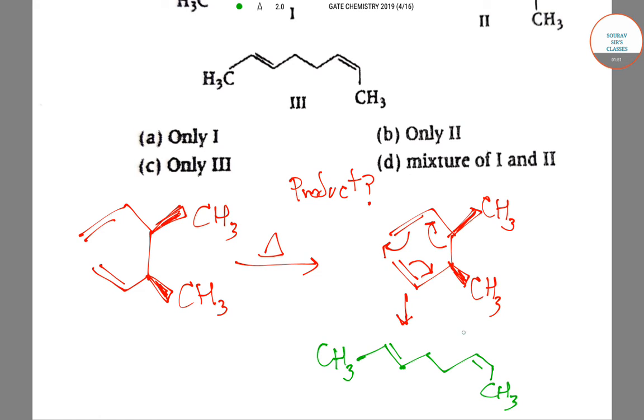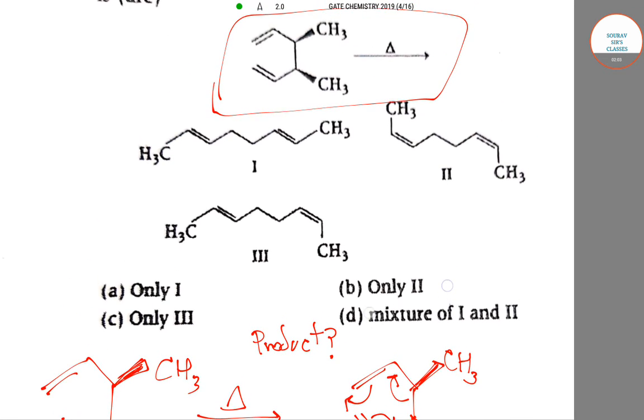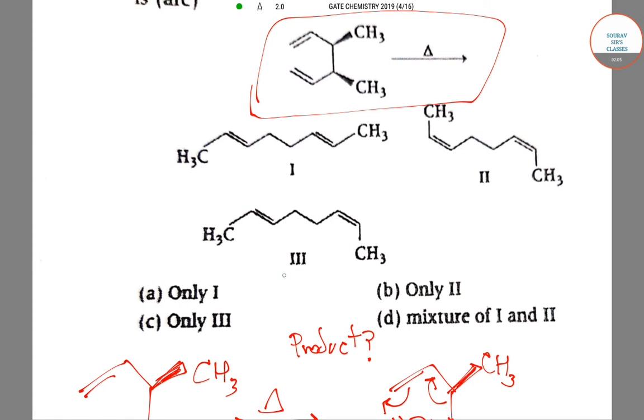So this is a trans cis product. So according to the question, we can see that number 3 has a trans and a cis side. So this would be the answer to the question, and the correct option is option C.